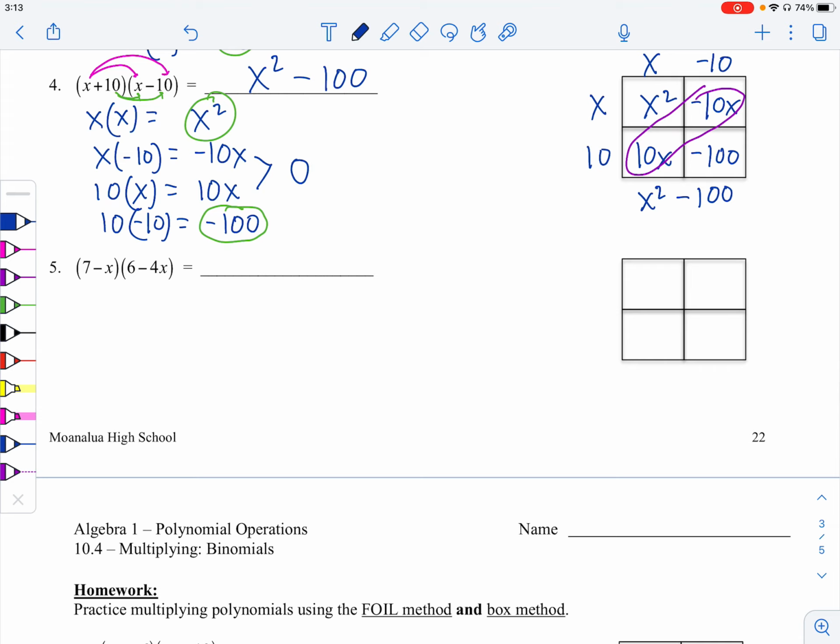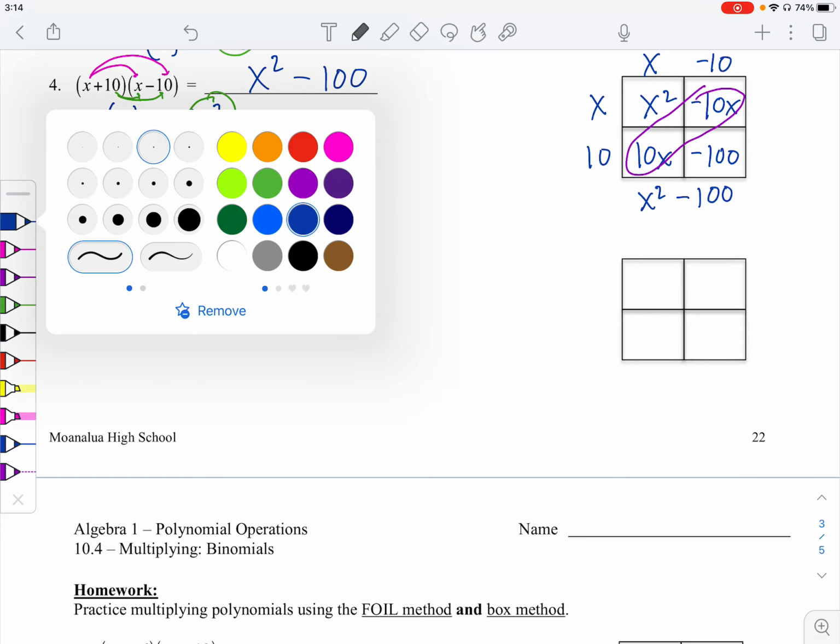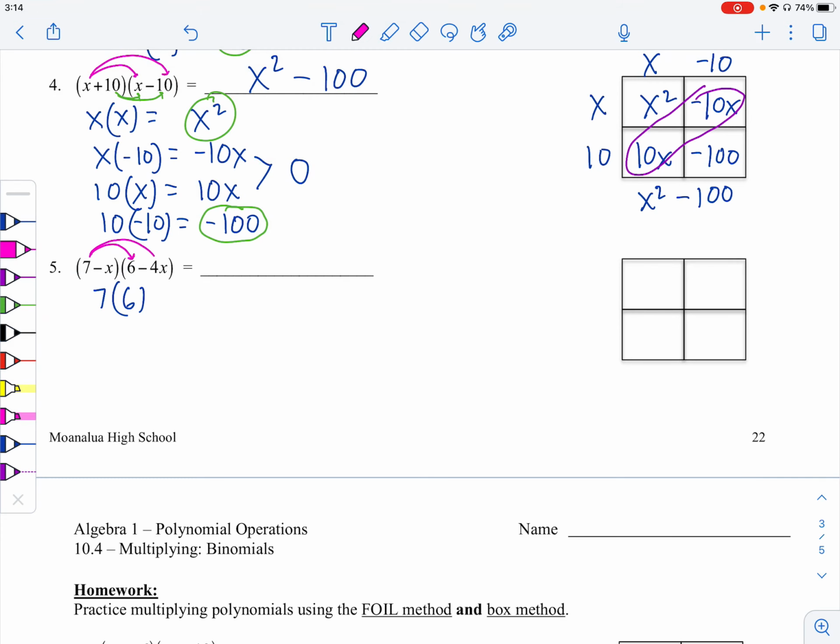Okay, next one. Same thing. 7 times 6. Right, first. 7 parentheses 6. Then we do outer. 7 and negative 4x. Then we do inner. Right, it's a negative x and positive 6.